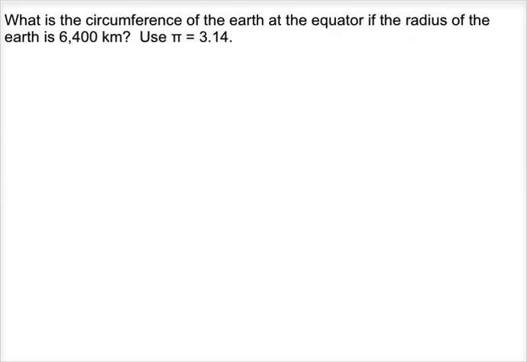What is the circumference of the Earth at the equator if the radius of the Earth is 6,400 kilometers? Use pi equals 3.14. I know that circumference is pi times diameter, or 2 pi r. In this case, we're given the radius, so I can just substitute in. So I'm going to get 2 times pi, 3.14, times the radius of 6,400.